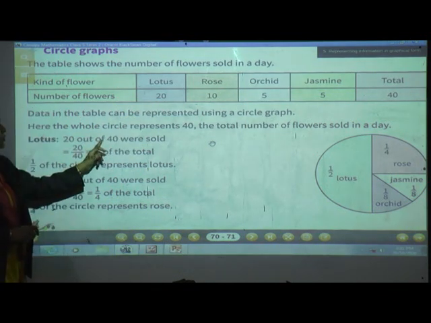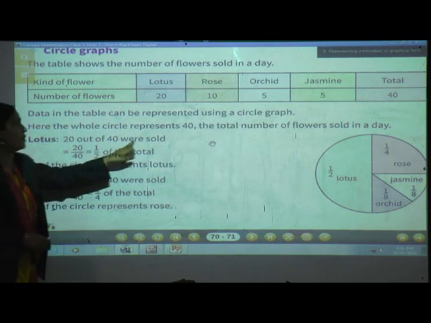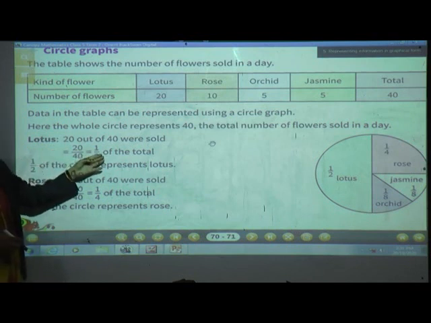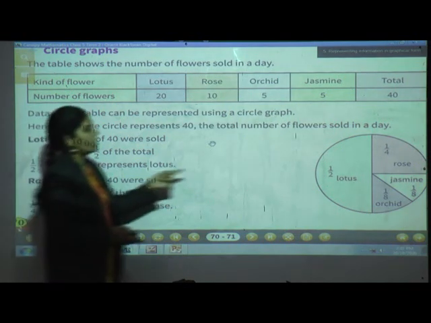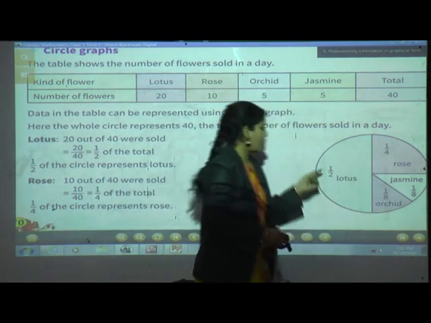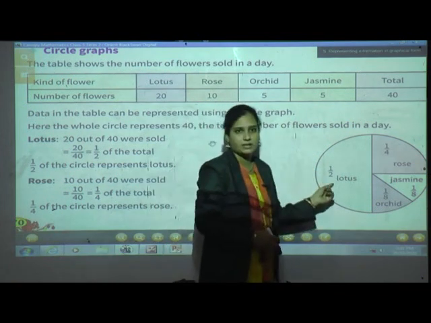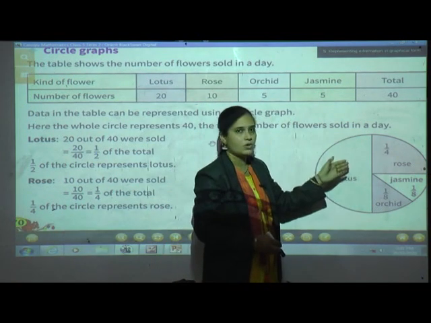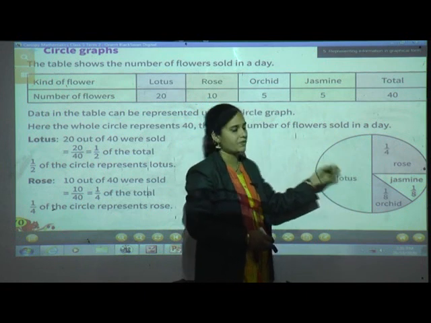So 20 out of 40. Total number of flowers 40 were sold. That means 20 divided by 40 is equal to 1 upon 2 of the total. So here is a whole circle and 1 upon 2 means, yes students, half. So that's why half lotus were sold in a day.